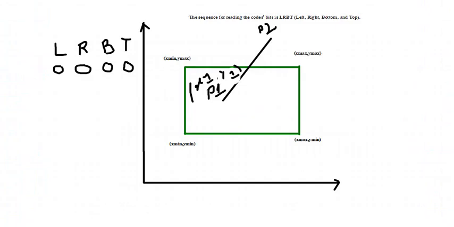Just let me check with point P2. Will this condition hold, whatever we have been able to deduce here? Just write down the deduced condition here. For a point which lies inside the clipping window, it will have 0000 as LRBT code.